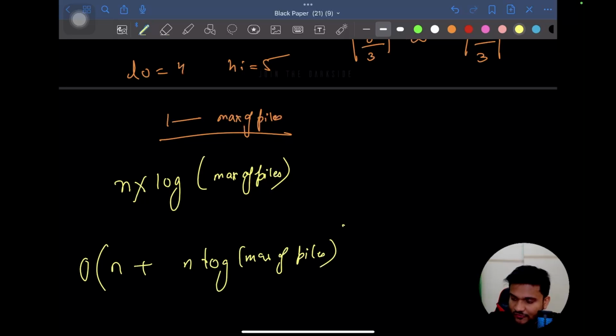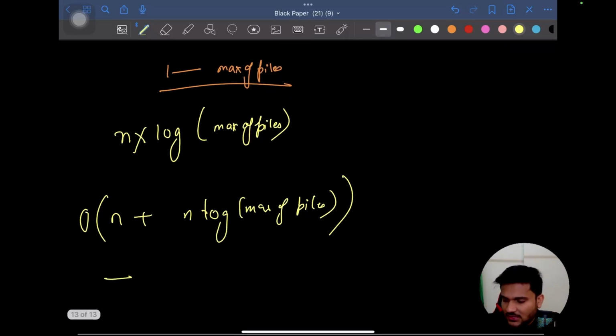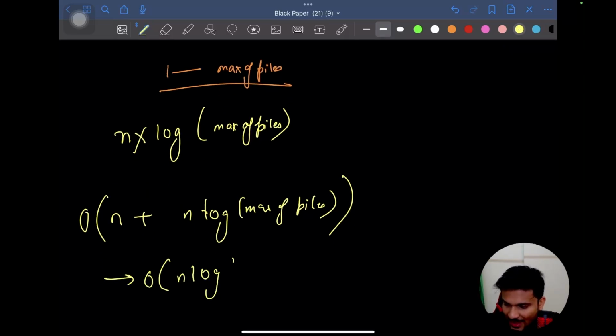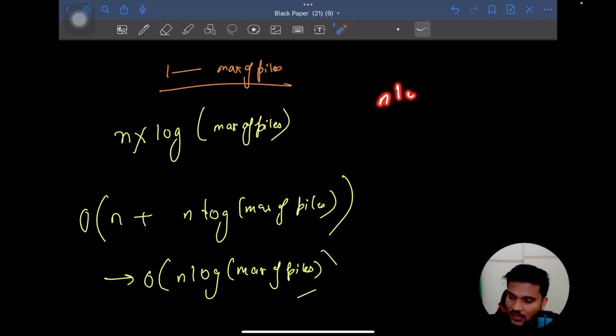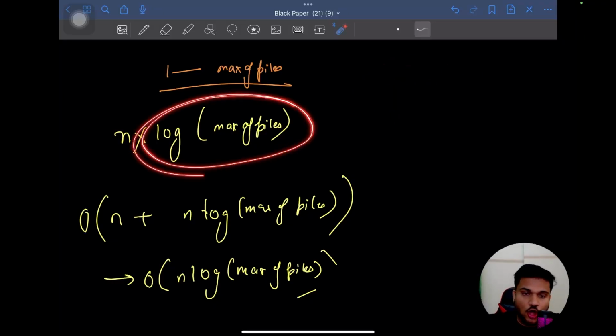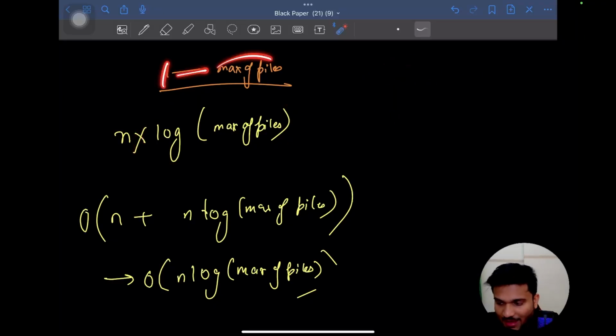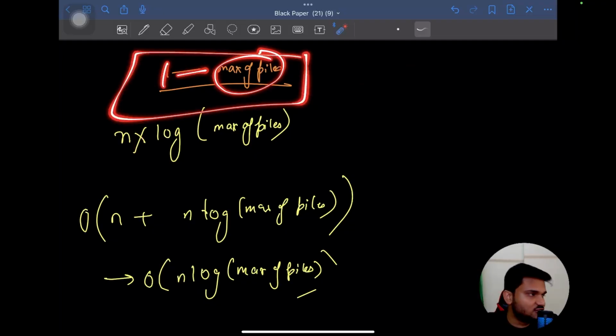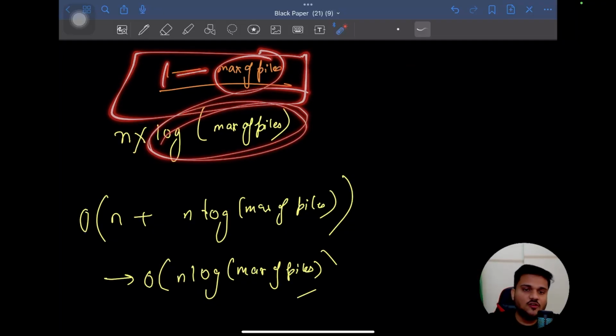What is order of n plus n log of max of piles? It is n log of max of piles. This is the time complexity for the solution. A lot of people think that the time complexity is n log n. That's a wrong answer. Why? Because binary search is not going for log n. Binary search is going from 1 to max of piles, so the search space size is max of piles, and this will become log of max of piles.